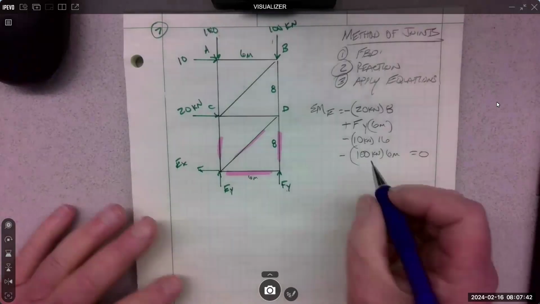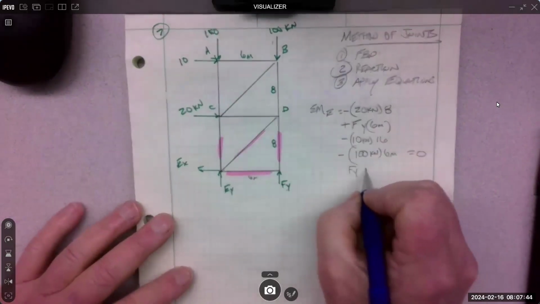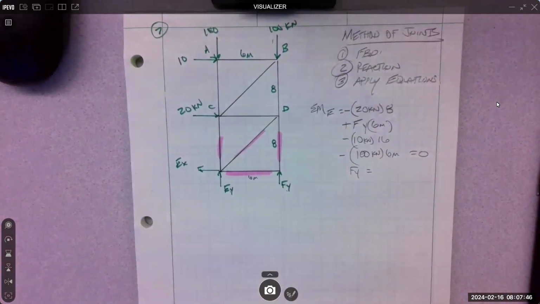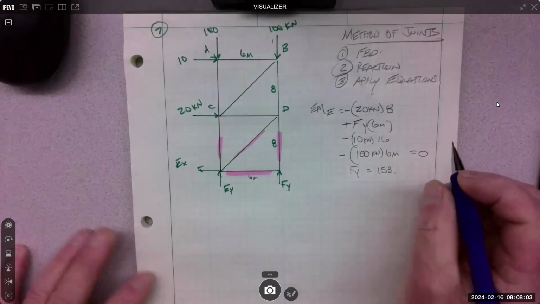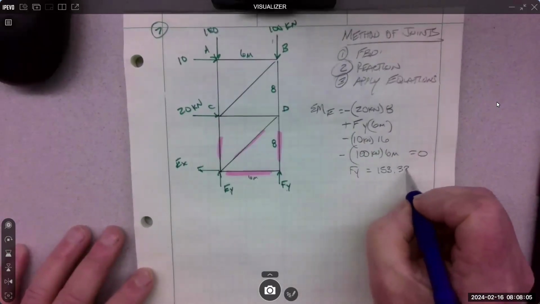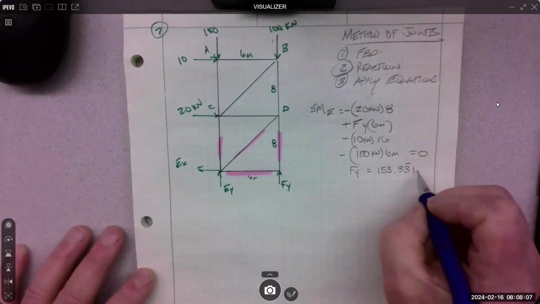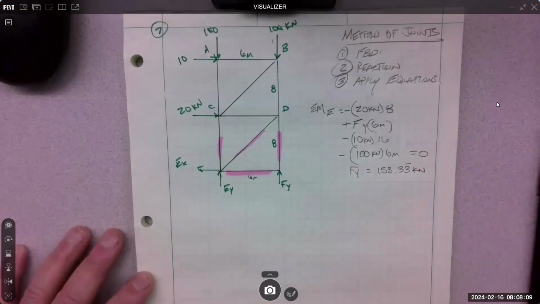What do we get for Fy? 153. Anybody else get 153? Juan says he did. Nick says he would have. What's the whole number? 153.33 repeats, and that is kilonewtons, and it came out positive.